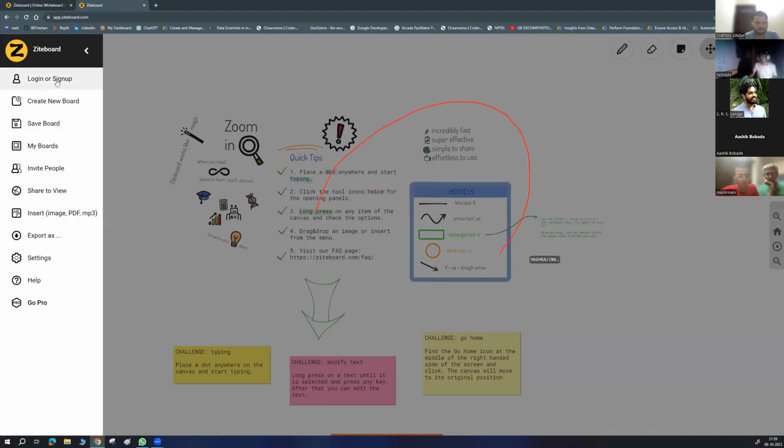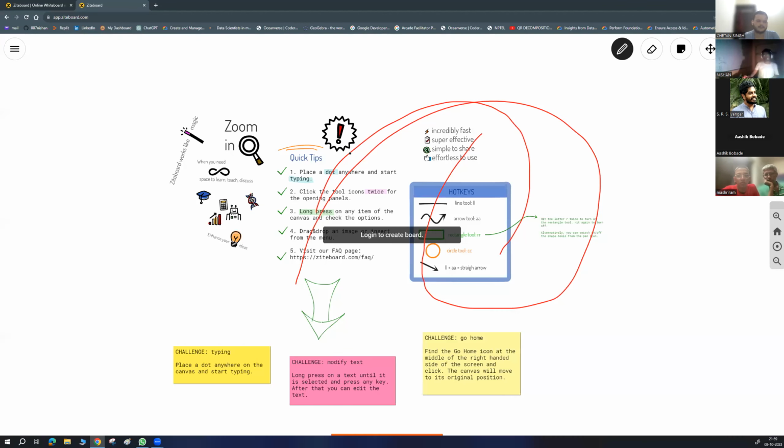So new Zideboard, or should I log in? Create a new Zideboard. If you want to export it, you'll have to log in. But yeah.